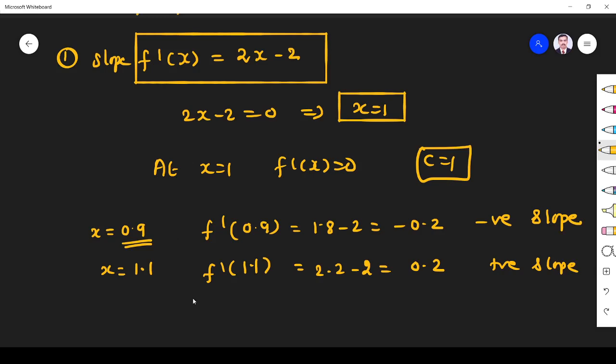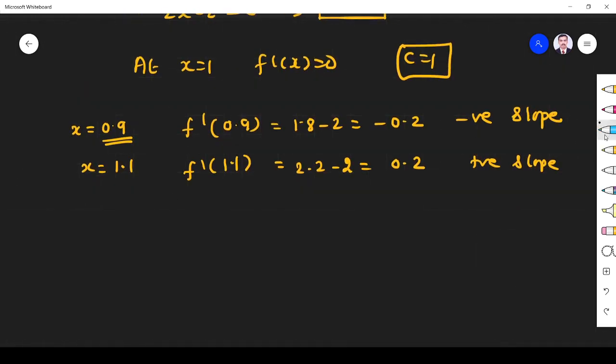So you see at x is equal to c, or c is equal to 1, the slope f dash of x is 0. At 0.9, which is on the left hand side of 1, the slope is negative.